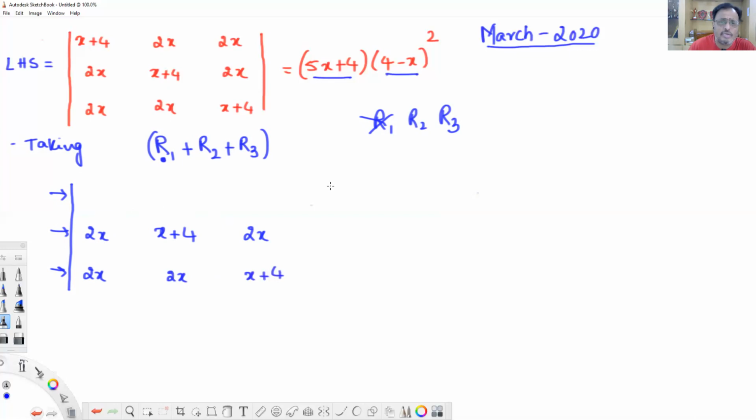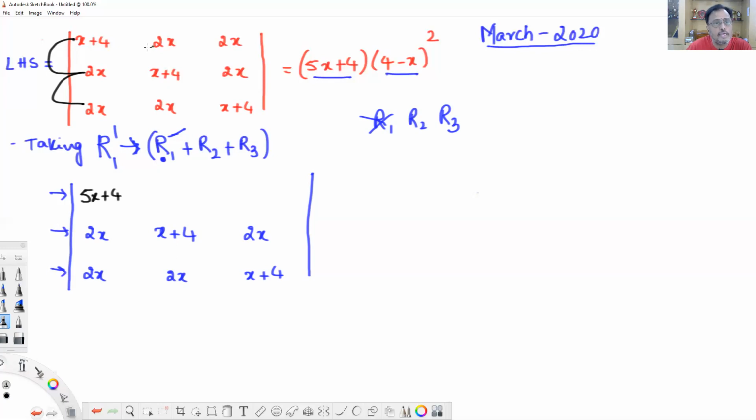Now very directly we can write: R1 plus R2 plus R3, entering the result into R1, so you get a new R1. Writing R1 plus R2 plus R3: x plus 2x plus 2x is 5x plus 4.